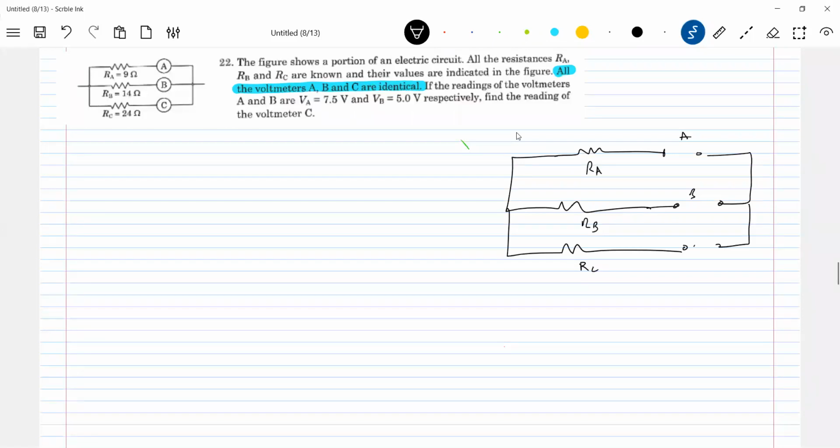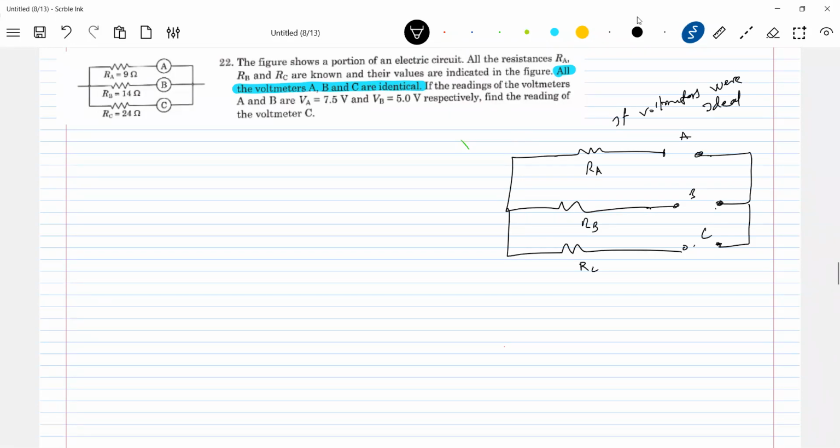Can we do anything here? If voltmeters were ideal, that's what happens here. So we can't do anything.